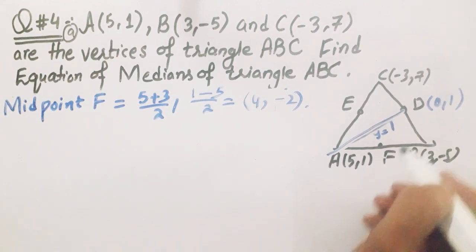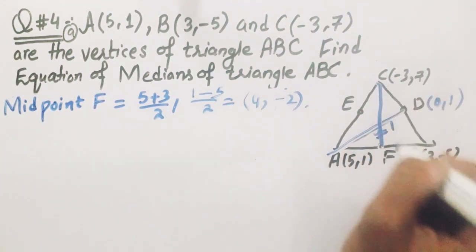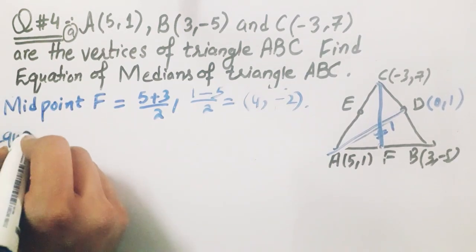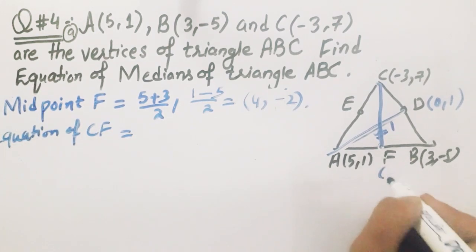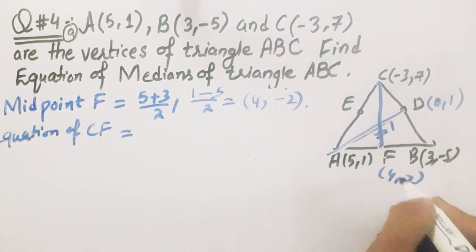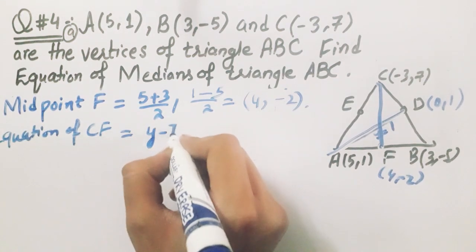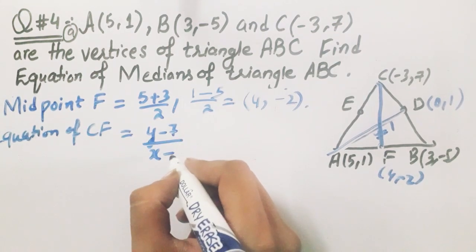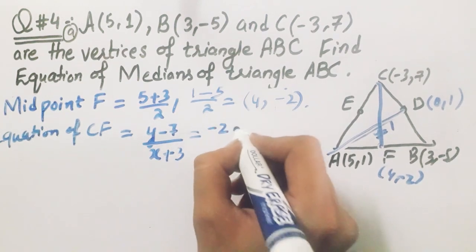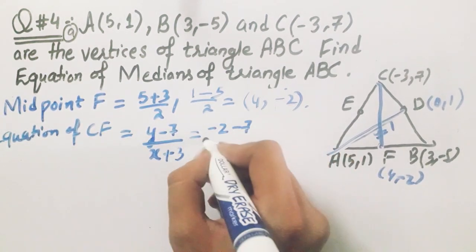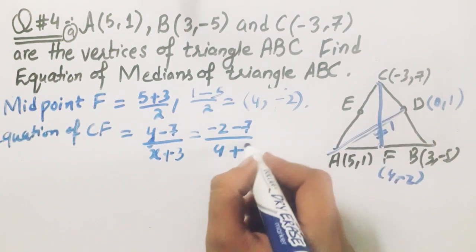Now we will find the equation of the median, that is CF. So the coordinates of F are 4 and minus 2. So we will use these two points C and F and then find the equation of this. So y minus 7 divided by x minus minus 3, will become plus, so x plus 3, and then minus 2 minus 7 divided by 4 minus minus 3, minus will become plus.